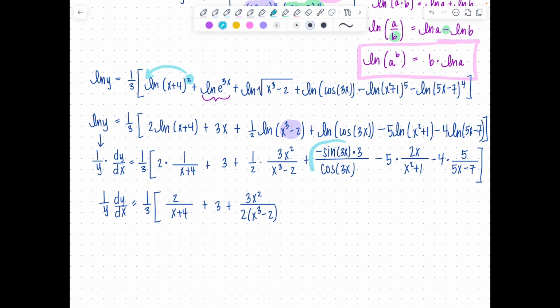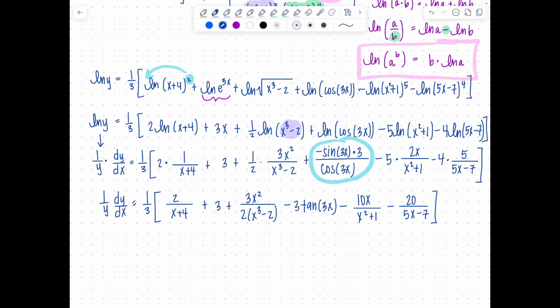Okay, we can clean this up quite a bit. That'll be negative 3, and then I can rewrite it as tangent 3x, can't I? Oh yes, how fabulous. Okay, and then minus, multiply 5 times 2x, that's 10x over x squared plus 1, minus 20 over 5x minus 7.